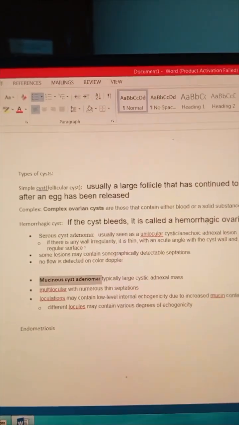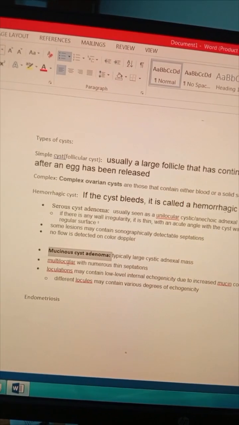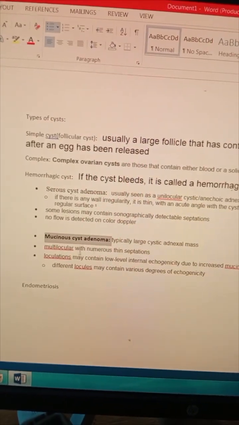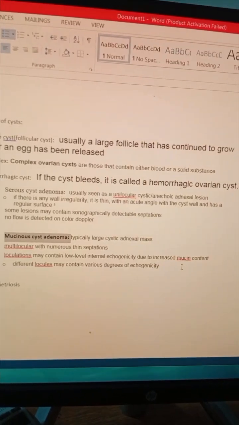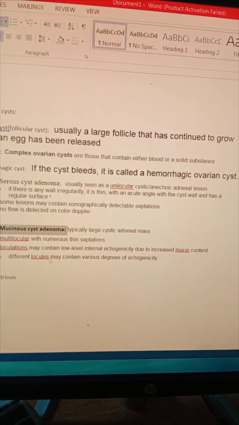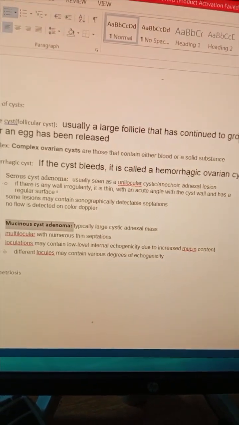So next is mucinous cystadenoma. It is typically a larger cyst, multilocular, with thin septations, echogenic foci, multiple septations, and different echogenicity within the cyst.